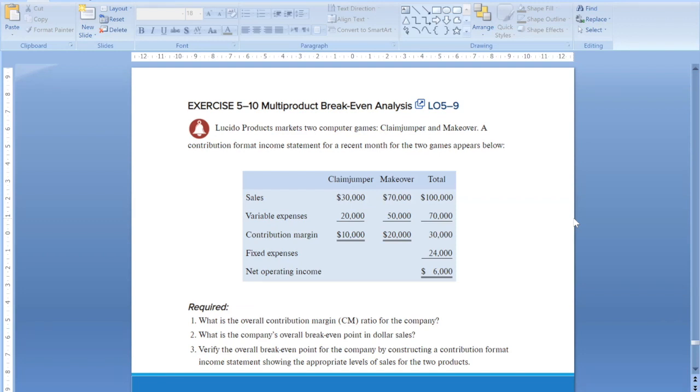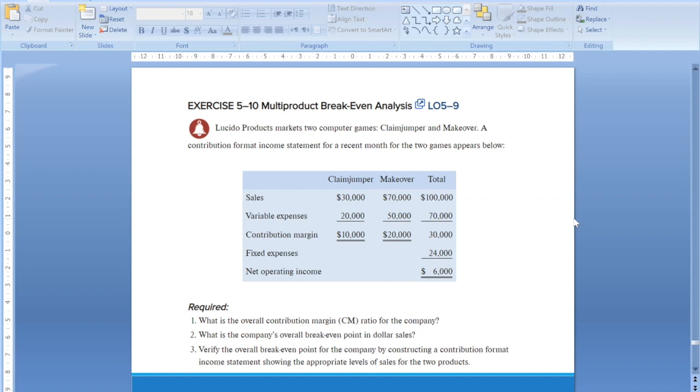First, we calculate the total variable cost to be 56,000, which is 70% from the question, because the contribution margin is 30%. Now, the 56 is distributed depending on these numbers, the 20, 50, and 70. So 20 out of 70 is the percentage of the total variable cost given to the claim jumper, and 50 out of 70 is the percentage for the makeover.